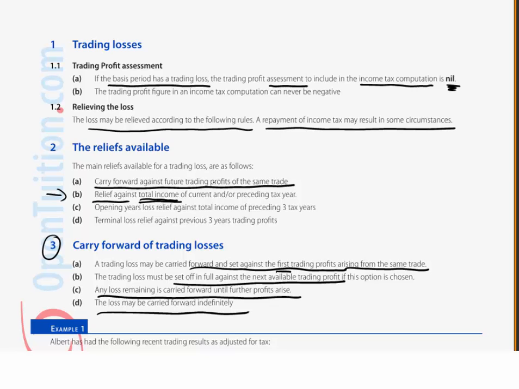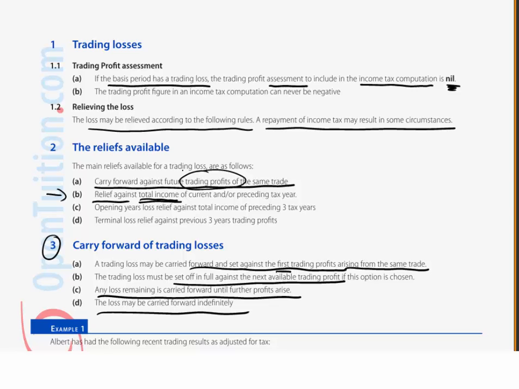The carry forward relief was very specifically trading profits. Only one figure, future trading profits of the same trade. In this, the second of the reliefs we need to know about, relief is against total income. Now remind yourself what that total income was. That was your earned income plus, of course, your unearned income, which gave you total income.